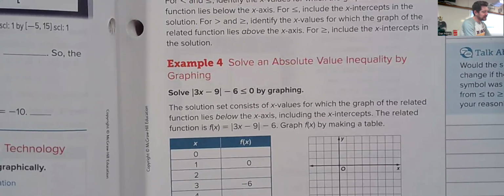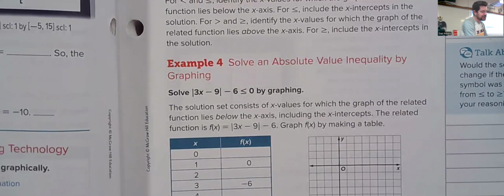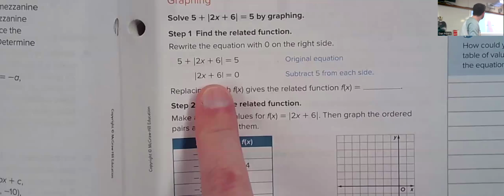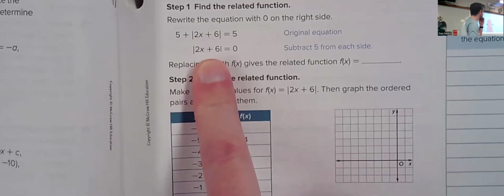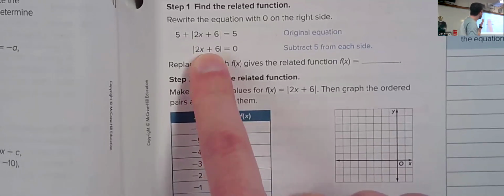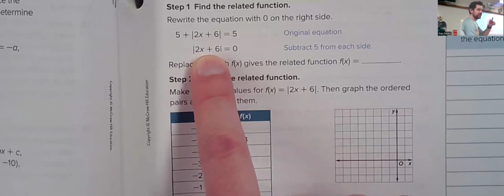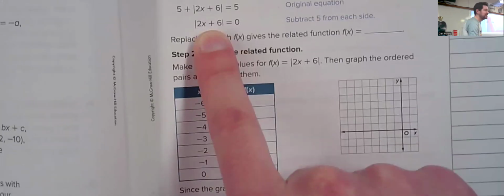I'll show you both ways. It's fine. This one doesn't really make a difference, but I'll show you both ways on the next example. So isolating the absolute value here or getting the equation equal to 0, those are your options. You could do either way because with so many things in math, you have options.